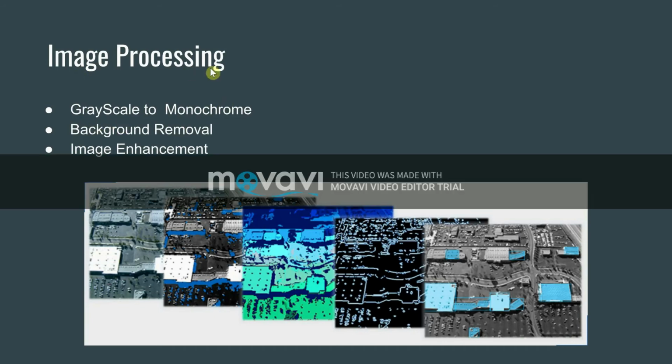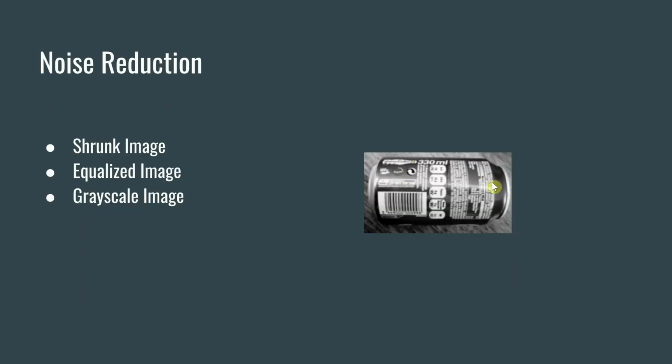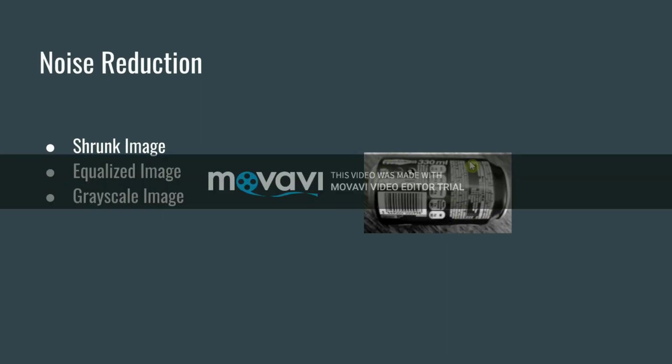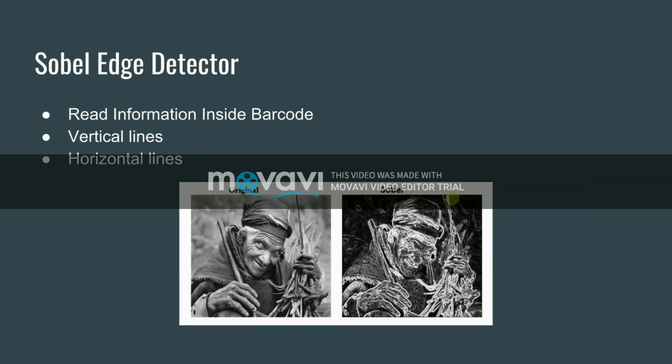In the image processing part, we used grayscale to convert the image from white to darker, and we removed the unnecessary background other than the barcode area, like the table and the calorie information, which we don't need, so we tried to remove those areas.